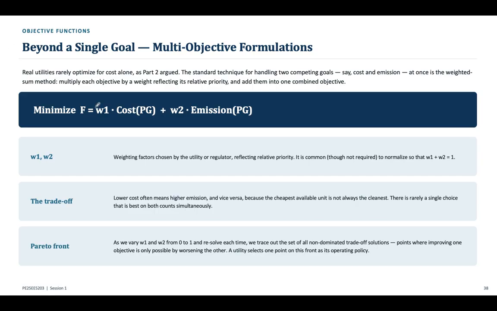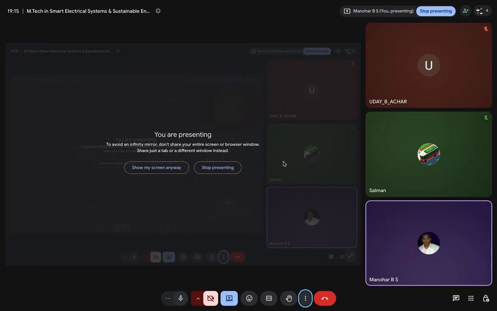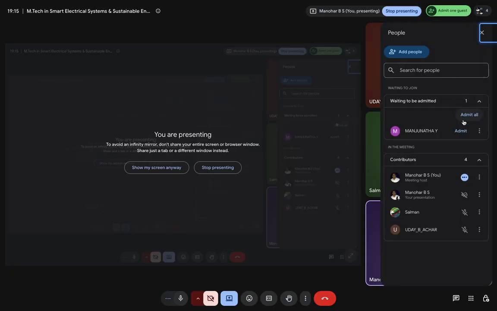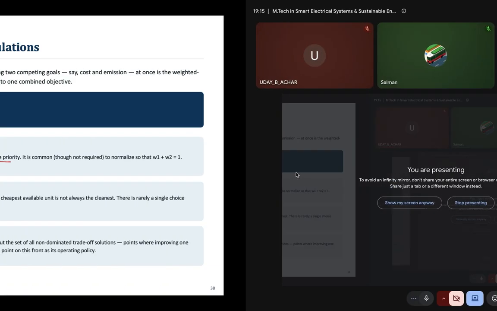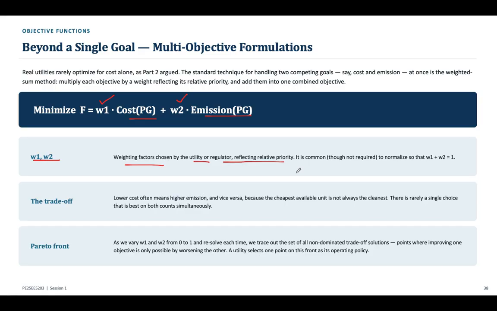So, what shall we do? We have cost of PG and emission of PG, but we also have W1 and W2. These are the weights, constants being used here. They are weighting factors chosen by the utility or the regulator, reflecting the relative priorities.